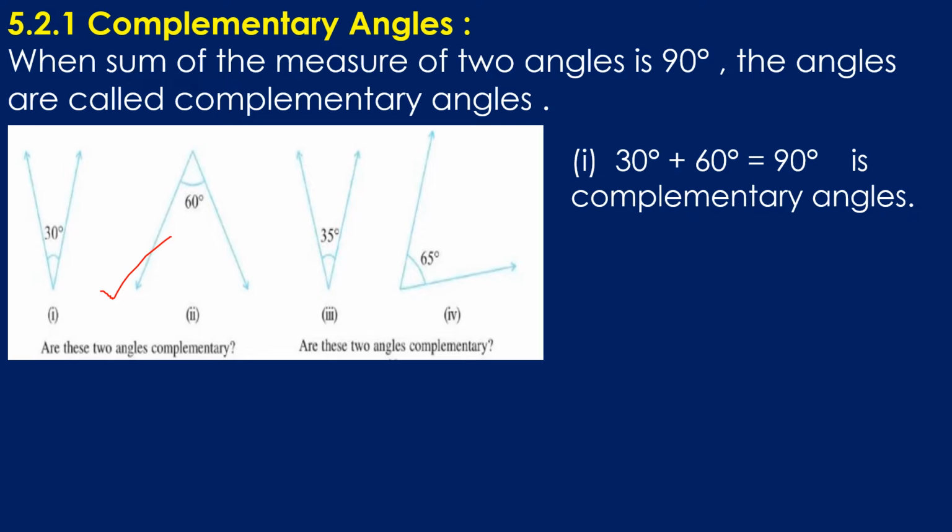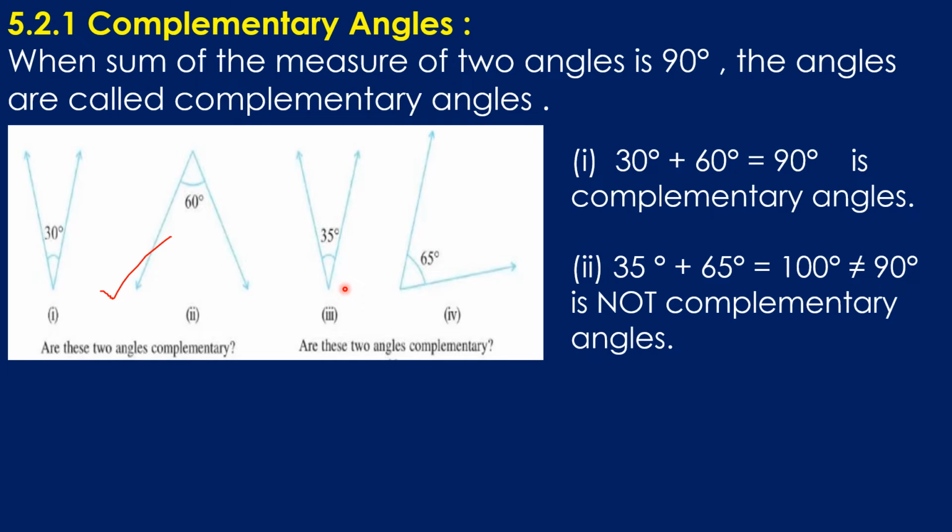And the second question, 35 degrees and 65 degrees. Are these two angles complementary? Again the condition is that the sum of these two must be equal to 90 degrees. Therefore let us add 35 degrees plus 65 degrees, which is equal to 100 degrees, which is not equal to 90 degrees.